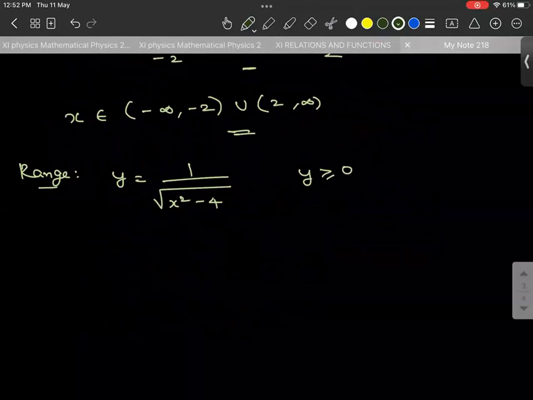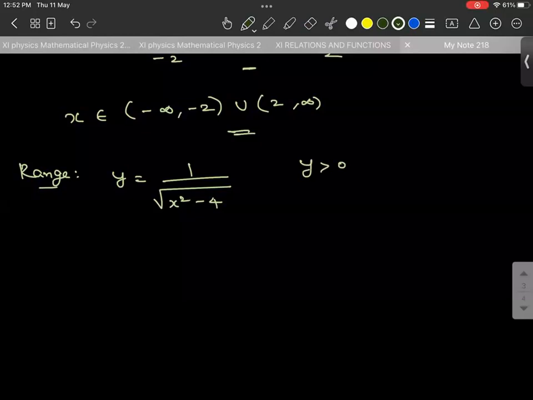Here y is positive; y cannot be equal to 0. But in the numerator we have 1. It's not about 1. For y to be equal to 0, the denominator has to be infinite. That is possible. So y is greater than or equal to 0.